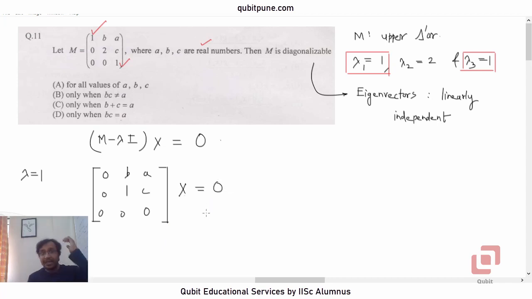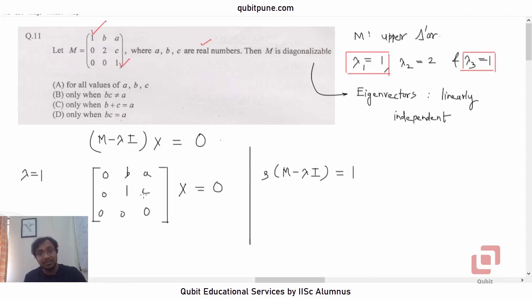Now how many linearly independent eigenvectors are we expecting? 2, because we want the matrix to be diagonalizable. When is that possible? That is possible when the rank of M minus lambda I is 1.